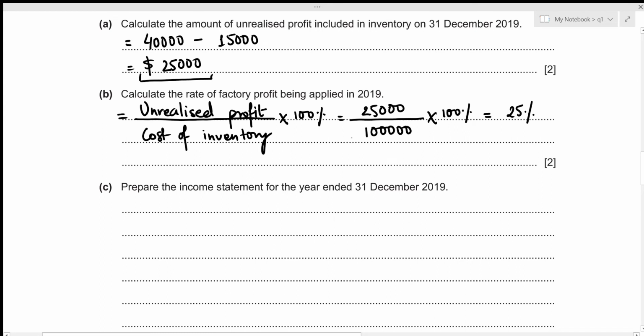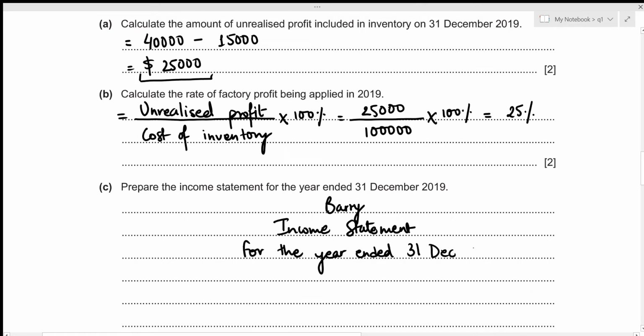Alright, so we are preparing the income statement for Barry. And this is the income statement for the year ended 31st December 2019.